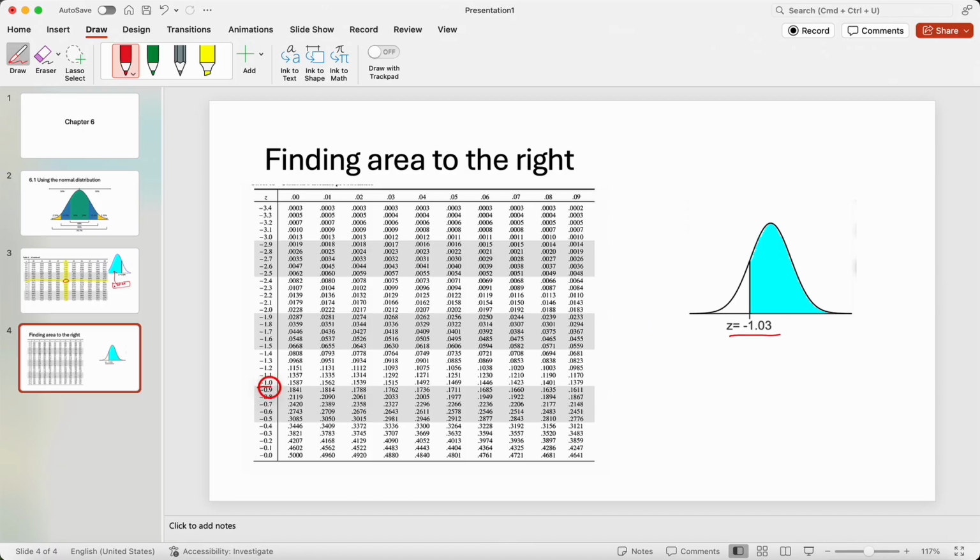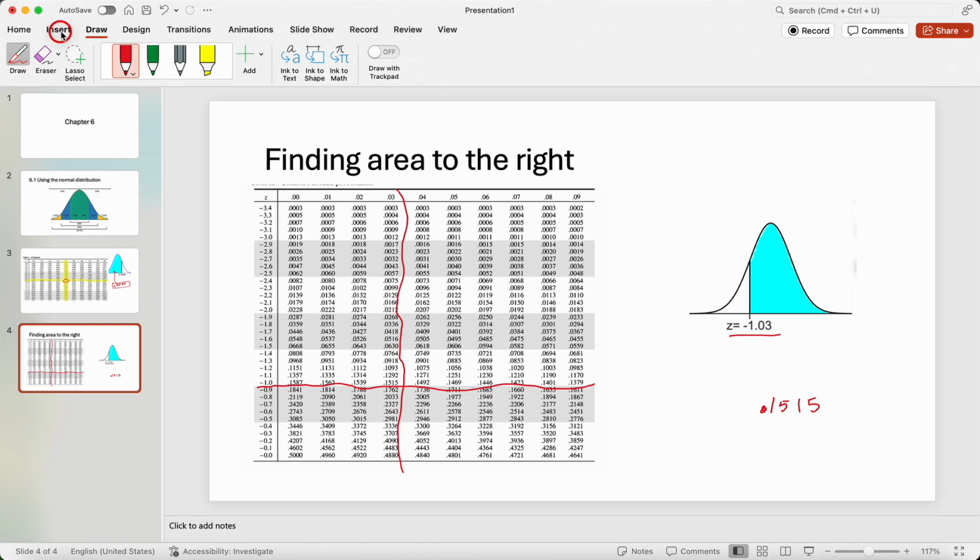Now there's my negative 1.0. And there's my 0.03. And so you can see that they cross at 0.1515. Again, what I'm getting if I crosshairs that is 0.1515.